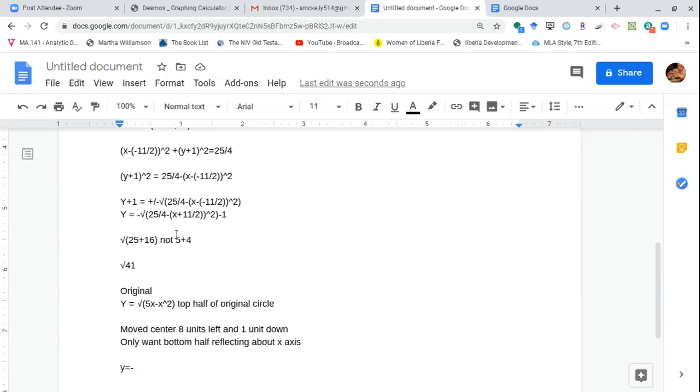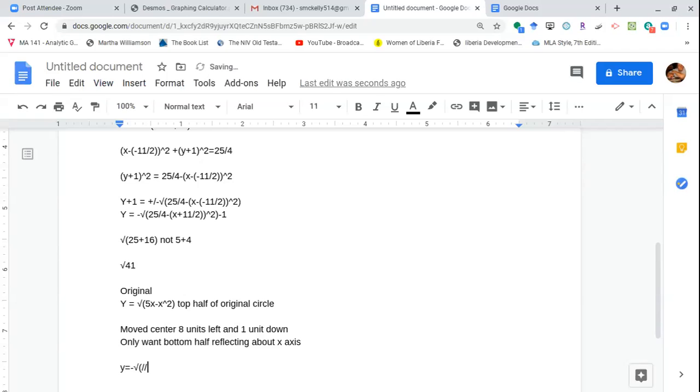I still have the square root. I still need my radius. So I need to know what my radius is. That's not going to change. I'm going to have something in here, I'll come back to it in a second.